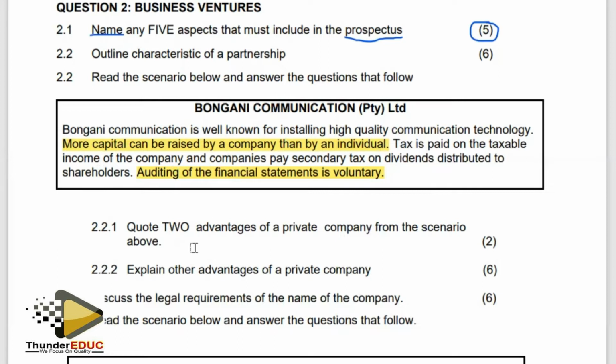In our quote, write as it is: more capital can be raised by a company than an individual.